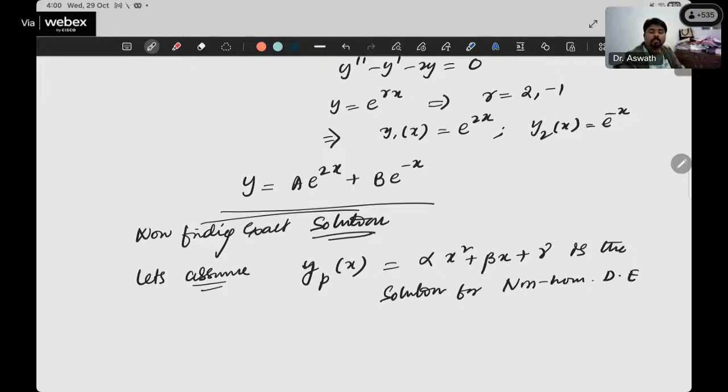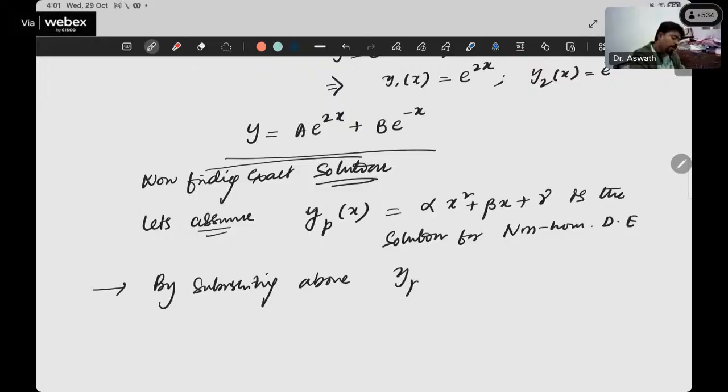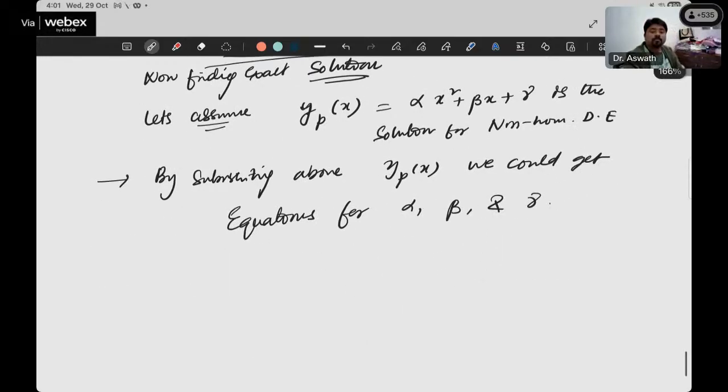If you introduce this back into the above differential equation, you would be getting equations for alpha, beta and gamma by substituting the above y p of x. By solving those equations, you can find y p.